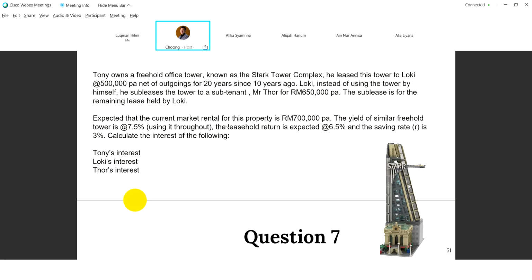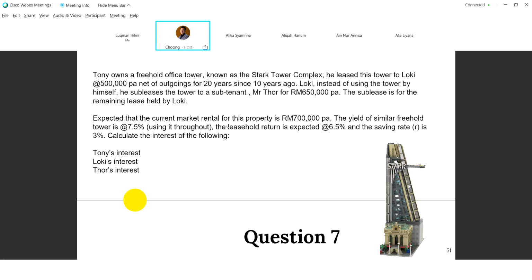So Tony Stark owns the freehold office tower, known as the Stark Tower complex. Alright. What happened is that he leased his tower to Lockheed. So Tony is the owner. This is a freehold, and he is the owner. He leased his tower to Lockheed at 500,000 per annum net of outgoings for 20 years, starting 10 years ago.